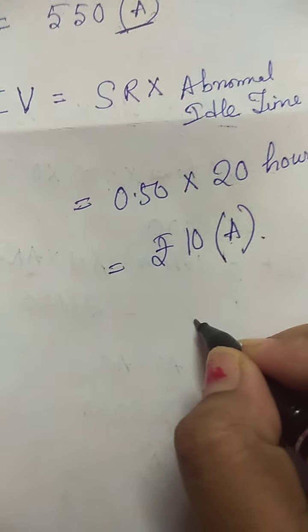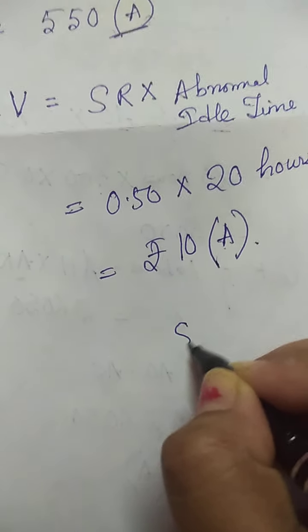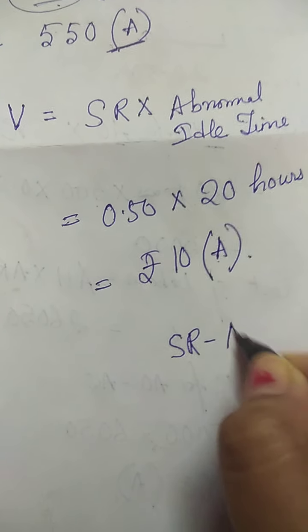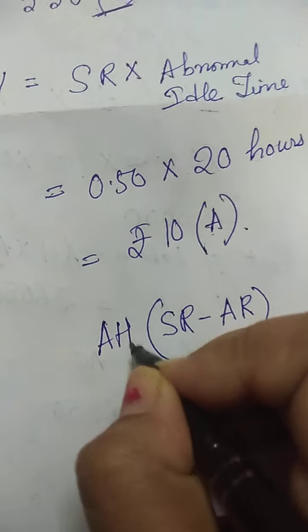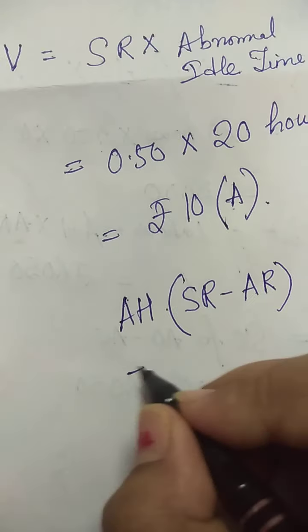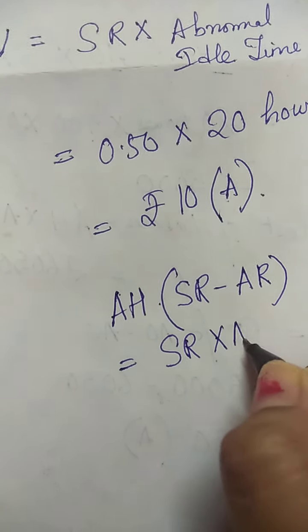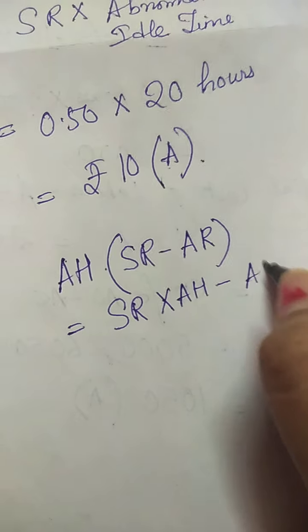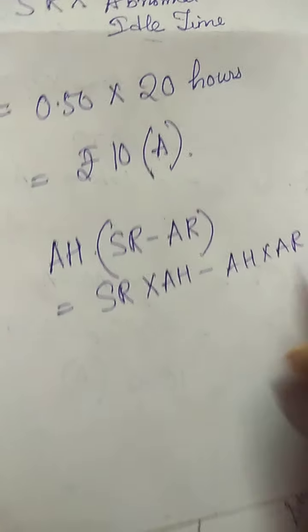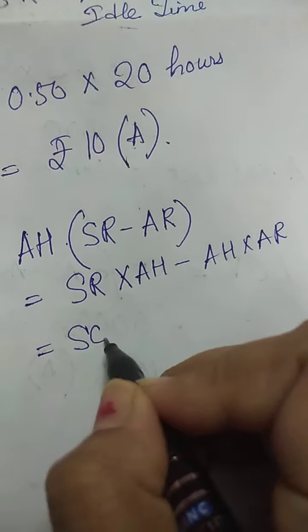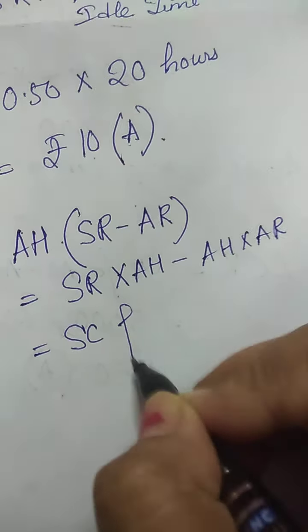Labor rate variance means variance, difference in rate. That is why we are taking the difference in rate, standard rate minus actual rate, multiplied by AH. So it's actually standard rate into AH minus AH into AR. That means this is my standard cost for actual hours worked, and this is my actual cost.